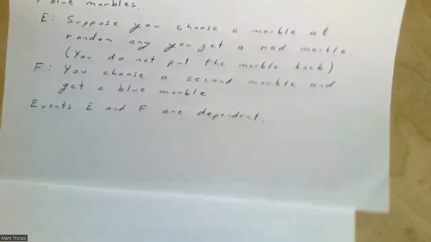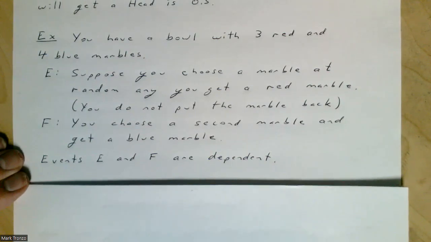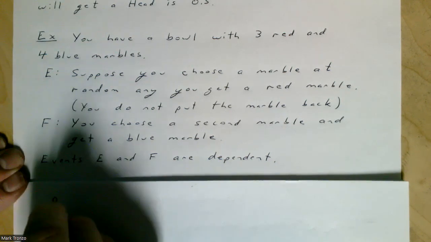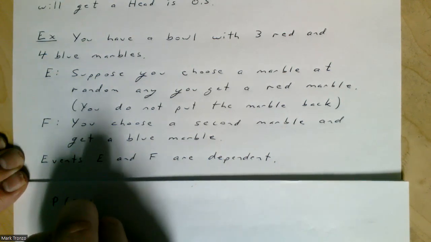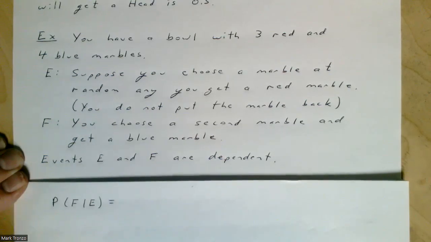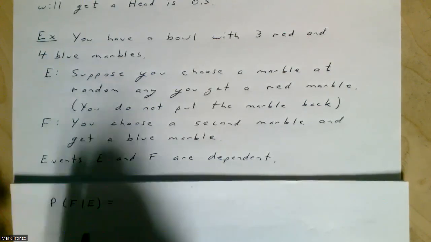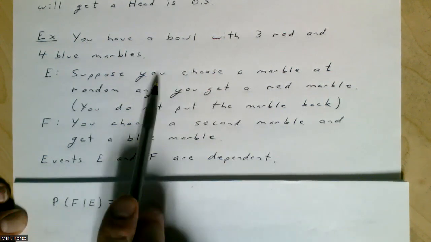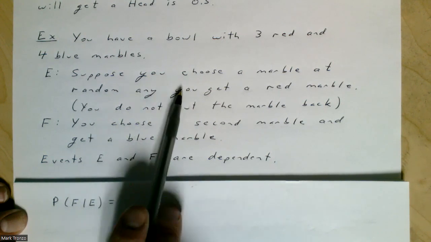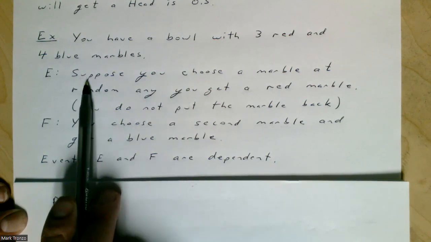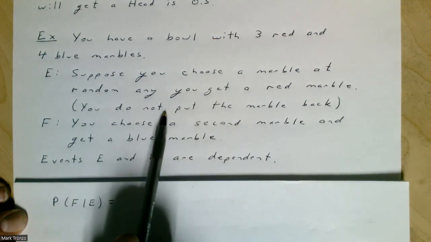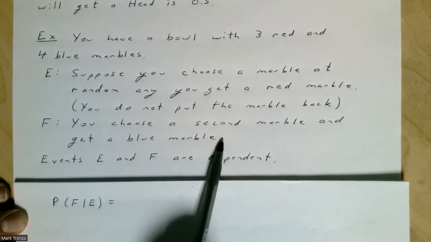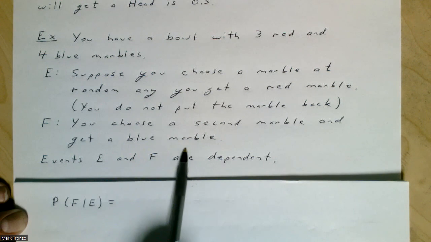And in particular, so let's say, what's the probability of event F occurring given that the event E has occurred? This is something we did in the last section, but we're going to do this sort of with numbers now. So you're assuming this event E has occurred, you picked a marble and you got a red one. And now, from what's left, you're going to pick a second marble, and you want the probability that you're going to get a blue one.